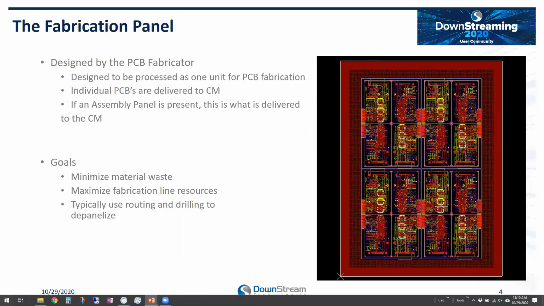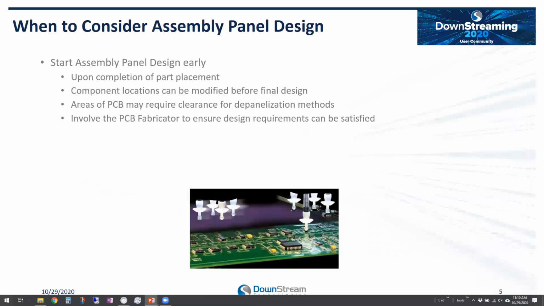The designer has very little input onto what the fabricator's panel is going to look like. So, but there are some things we can do to optimize our assembly panel to get more designs on our fabrication panel and thereby reduce our costs. Okay, so let's take a look at that. What should we consider in our assembly panel design?